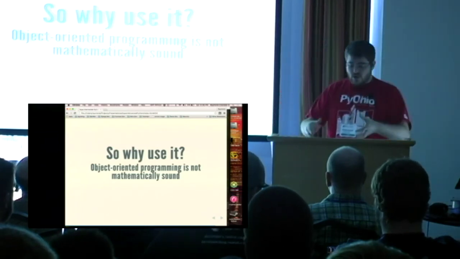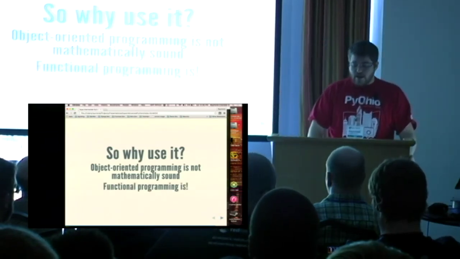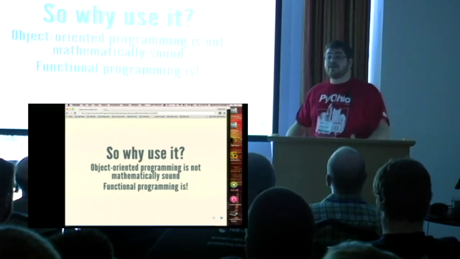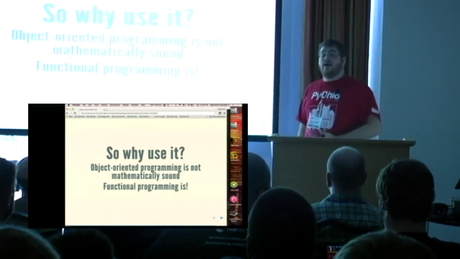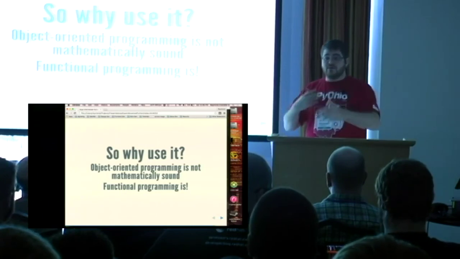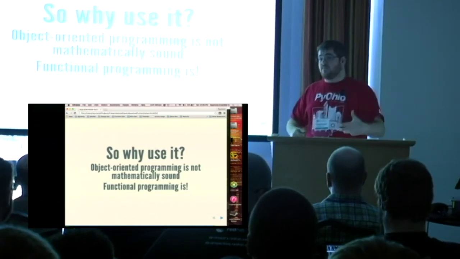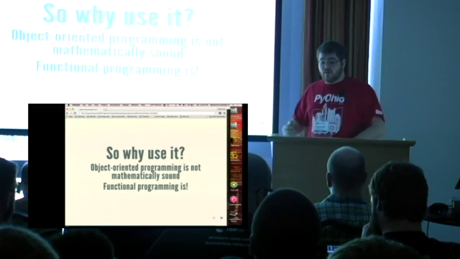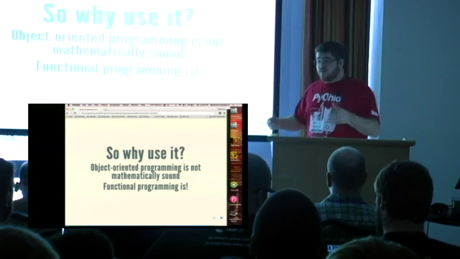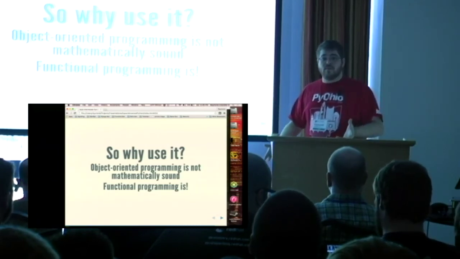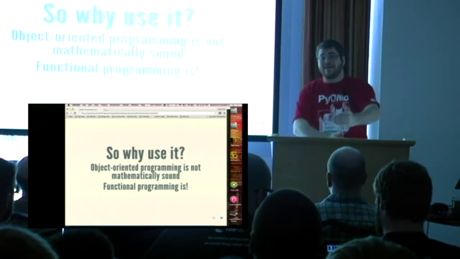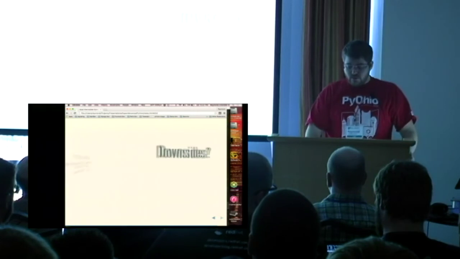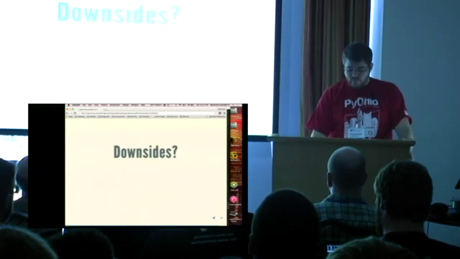But functional programming is mathematically provable. Everything in the IterTools library and in PyTools and some other functional libraries, you can write proofs about. You can say, this code I can prove 100% of the time will do exactly what I say it's going to do, and write out that mathematical proof.